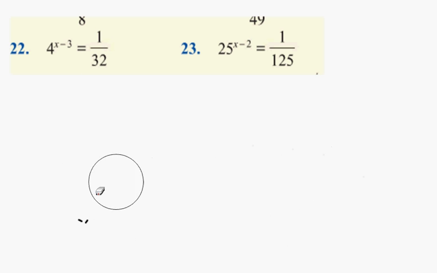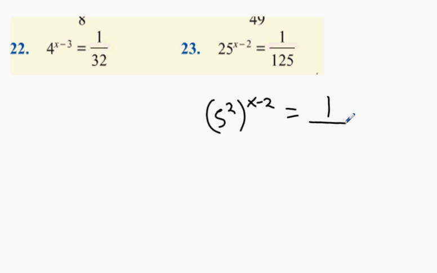Now, the next one is exactly the same, actually, as it turns out. What can I change 25 to? 5 squared. What can I change 1 over 125 into? 1 over 5 cubed, 5 to the negative 3. 5 to the power 2x minus 2, 2x minus 1.